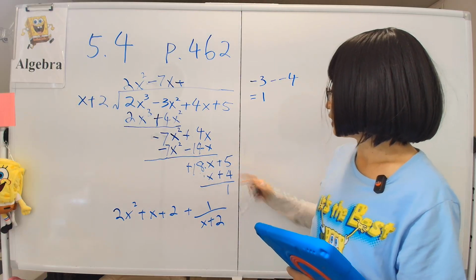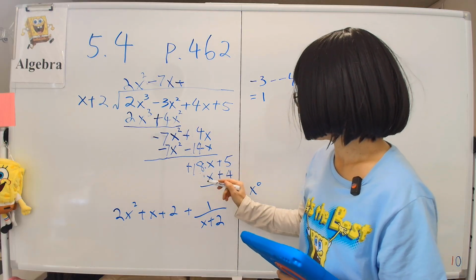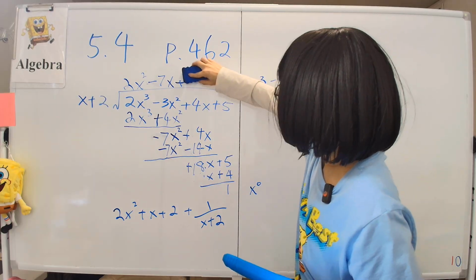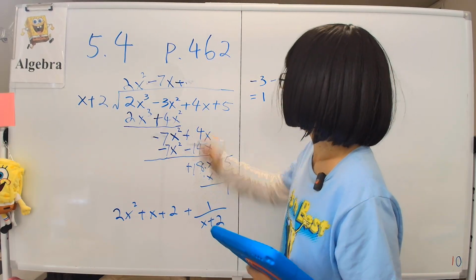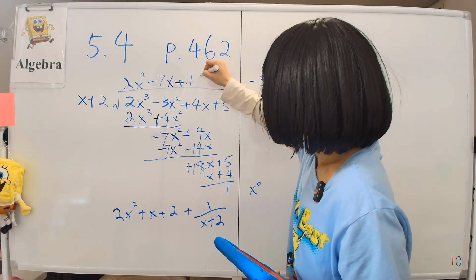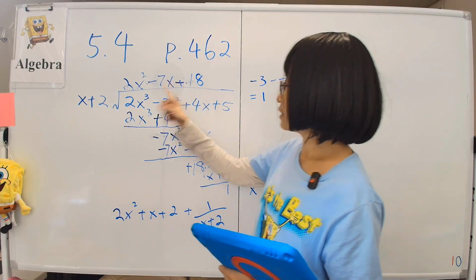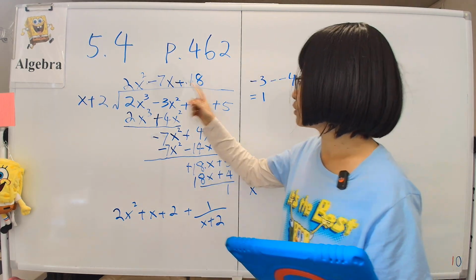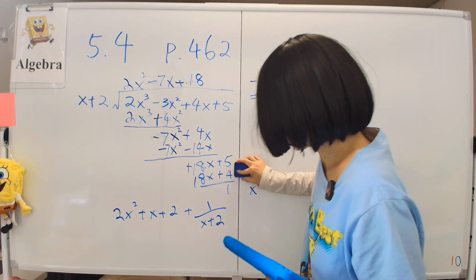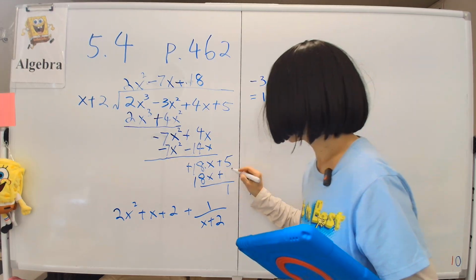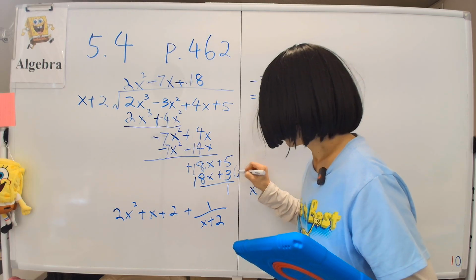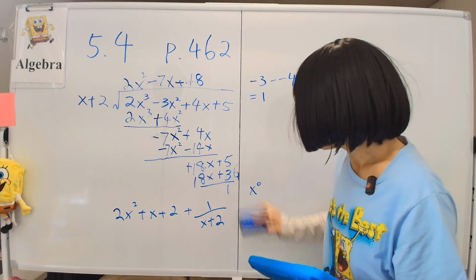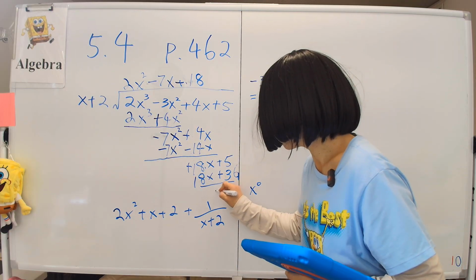And then we drop the 5 down here, and the final step is we take plus 18x times x, this is 18x, and then times 2 is 36, so we'll write that down here. And then the subtraction gives us minus 31. That's better. So negative 31 is the remainder.